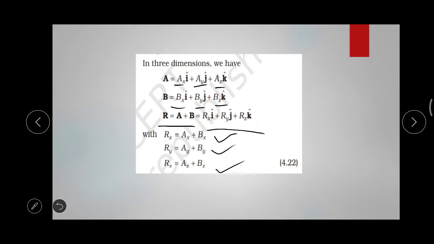So remember that one. Suppose you are taking the sum of two individual vectors, then the resultant vector's x component, or y component, consider the x component, will be the sum of the magnitudes of the x components of the individual vectors for which you are taking the sum.